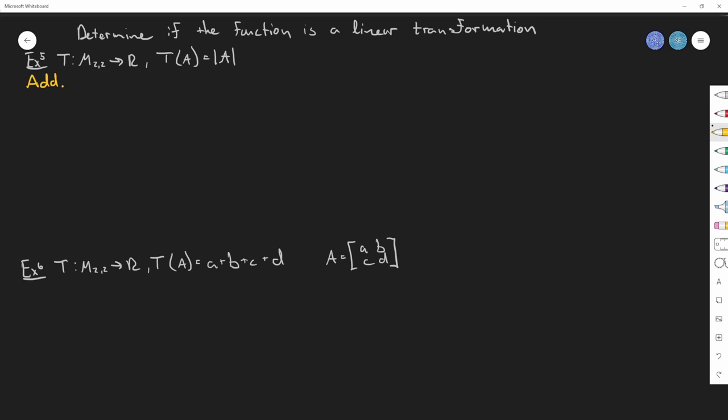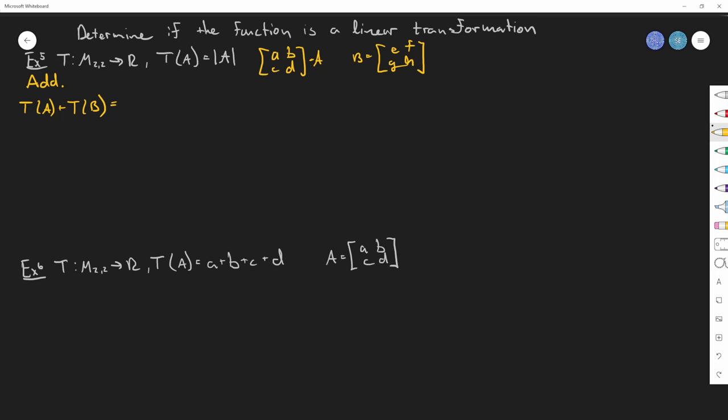What I mean by both is do T of A plus T of B, which those are matrices. Since it's a 2 by 2 matrix, it'll be A, B, C, D. Let that equal A, and let B equal E, F, G, H. Alright, cool.